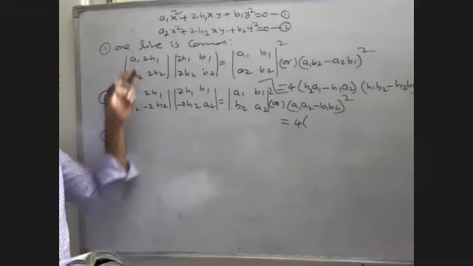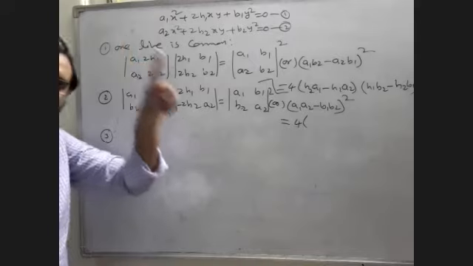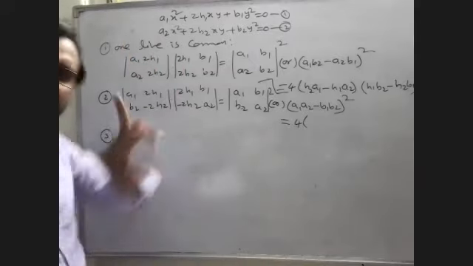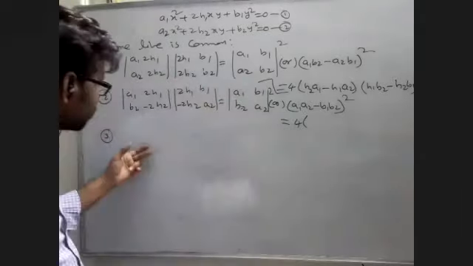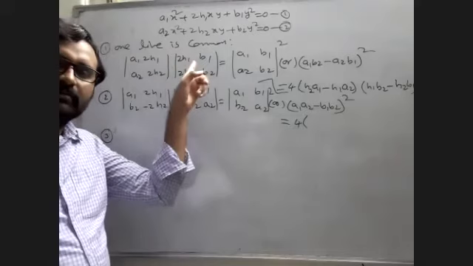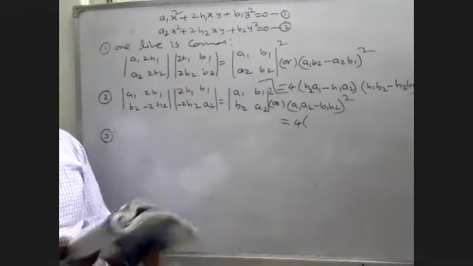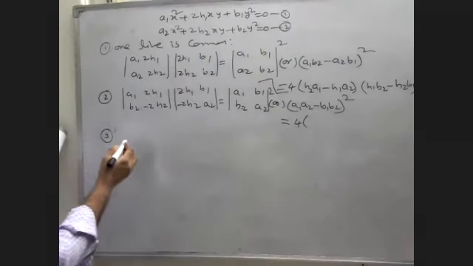See here, for this, any one line is common. For this, any two lines are perpendicular. There is no common word. For this, one common line, perpendicular condition. Common should be there, perpendicular should also exist. Then what is the condition, this is very simple.